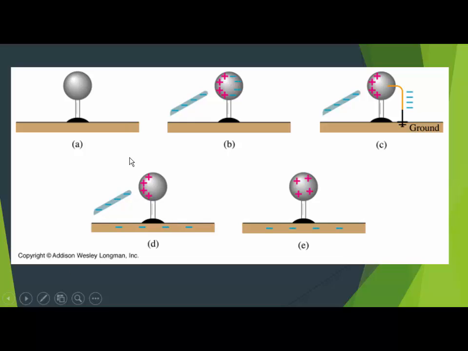So here, in picture A, we have an initial uncharged piece of metal. It's just completely neutral. And then in picture B, I'm going to bring this negatively charged rod or object close to my conductor and then look and see what happens. My conductor, the reason why it's a conductor is because charges can move really easily through conductors. So they move around, and it's what makes a conductor a conductor.